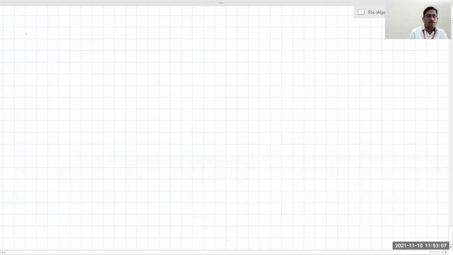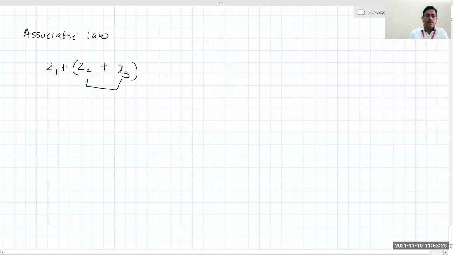Next law, the associative law. Associative means it requires three elements. Association of any two, but keep the order the same. You either add these two and add the result to the first one, or the other way.